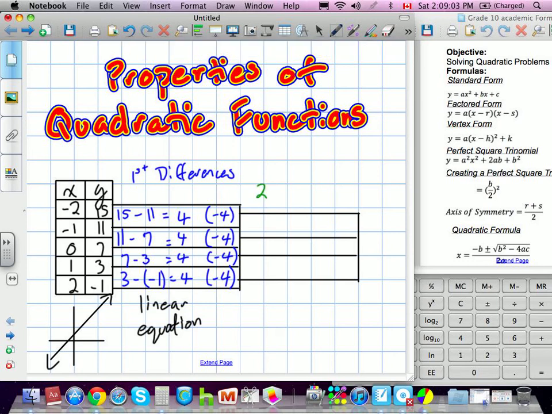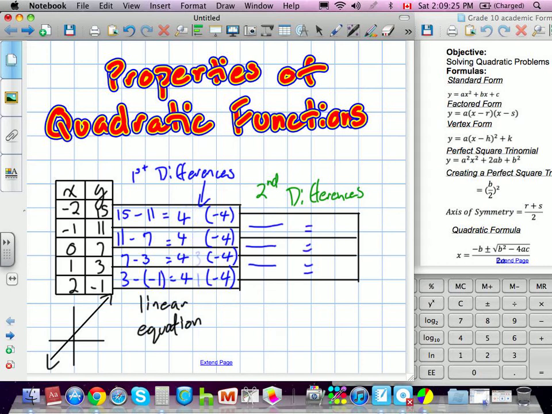It would be the exact same process, but in our first differences, we wouldn't have values that are the same. We'd have something like 5 or 7 and 5 and 3 and 1. They'd all be different. We would then take those values and subtract them, and if they were the same, then we'd have a quadratic. Okay?